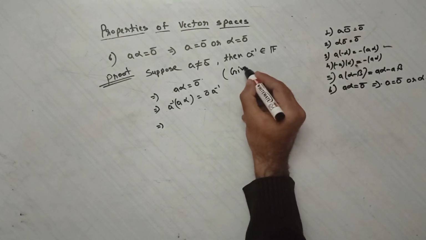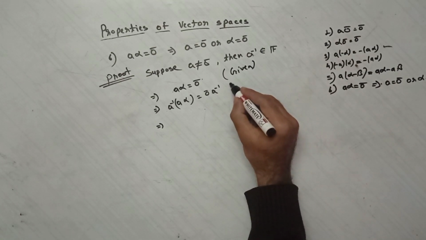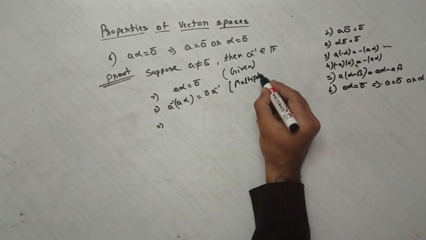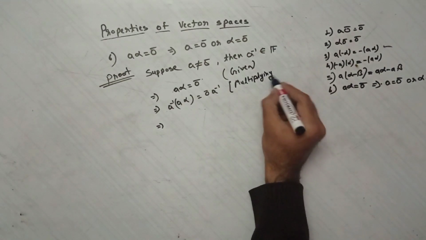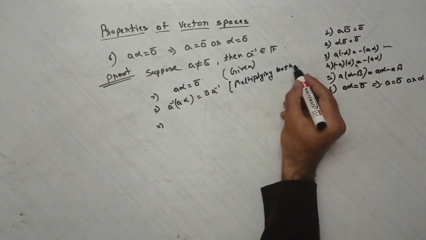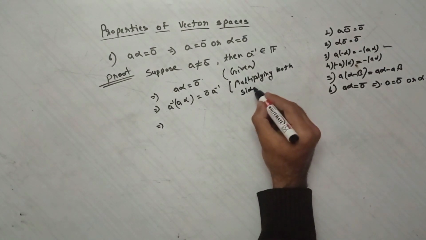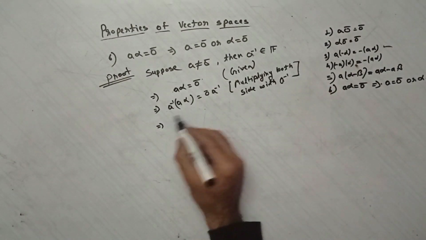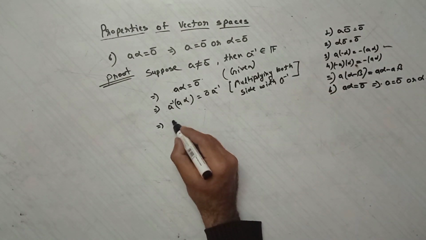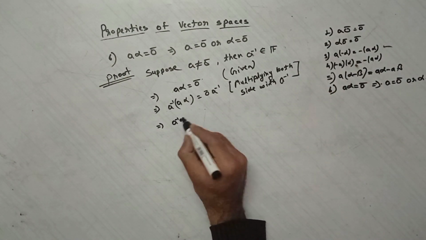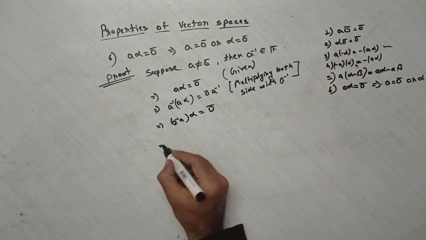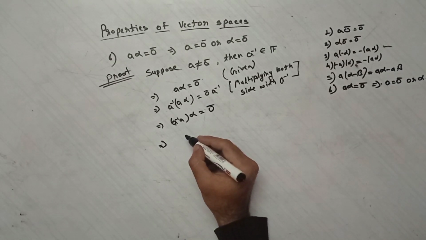Multiplying both sides by a inverse: here a inverse into a, and there is alpha, and the right side is a 0 vector.